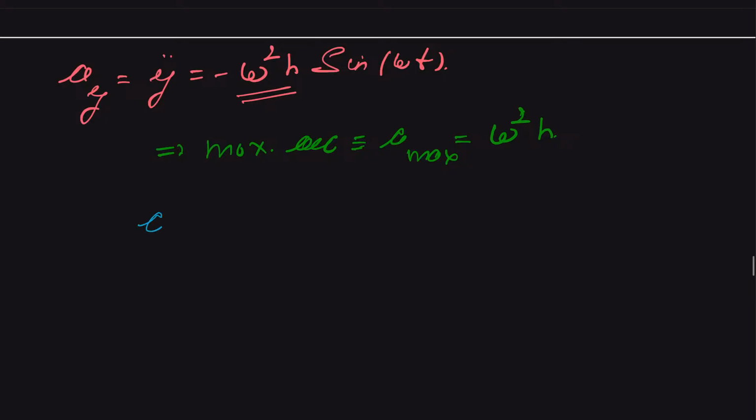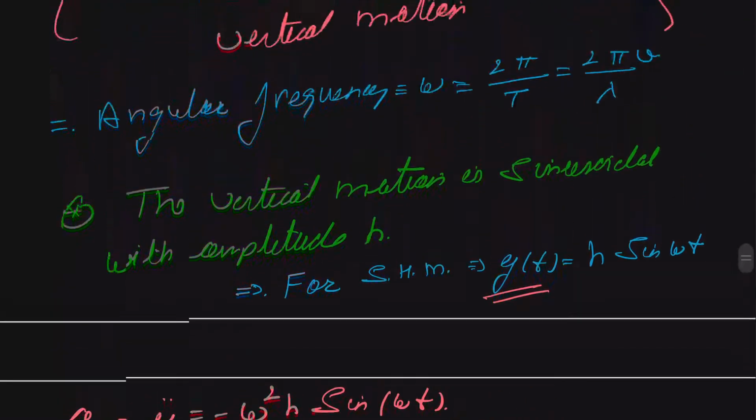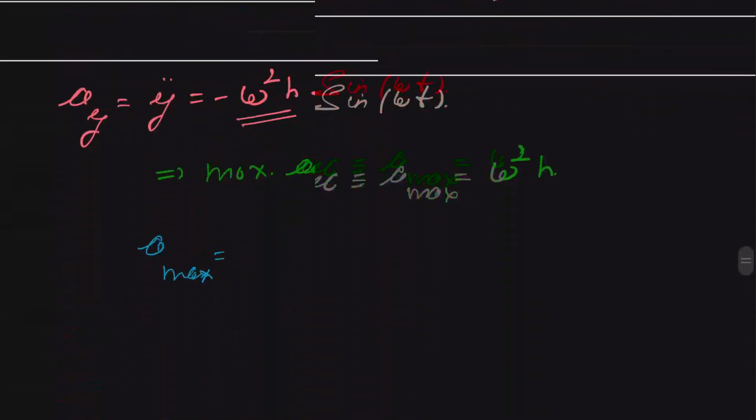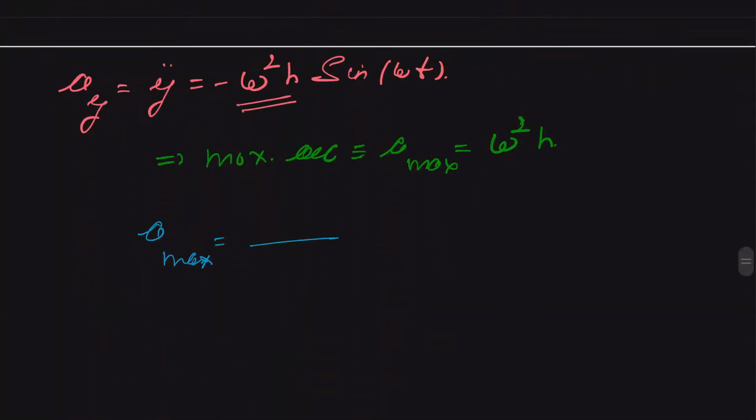So we get a max will be equal to, our omega was 2 pi v upon lambda, so this comes as 2 pi v upon lambda whole square multiplied by h.